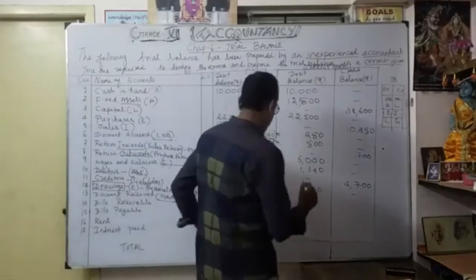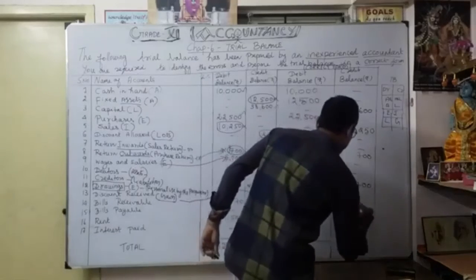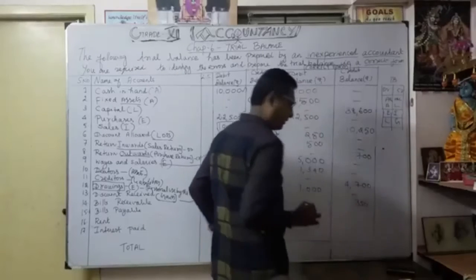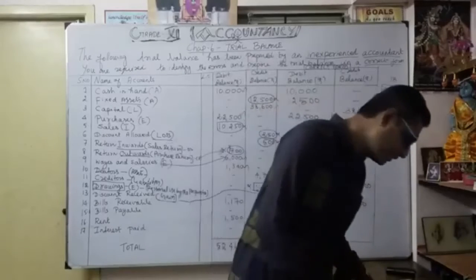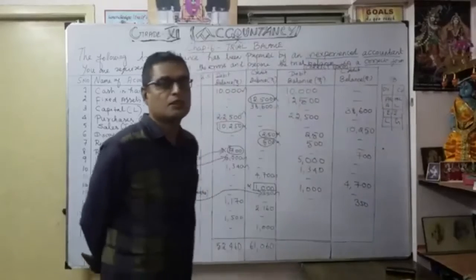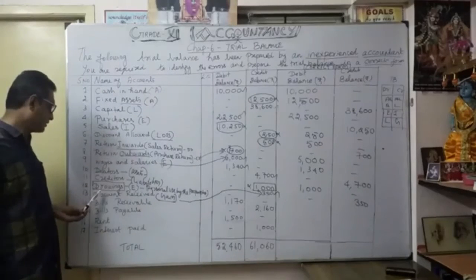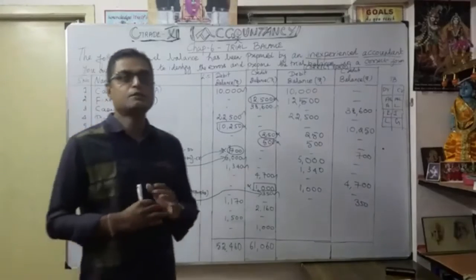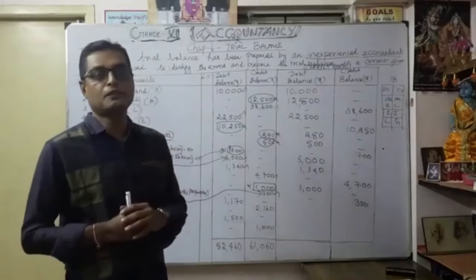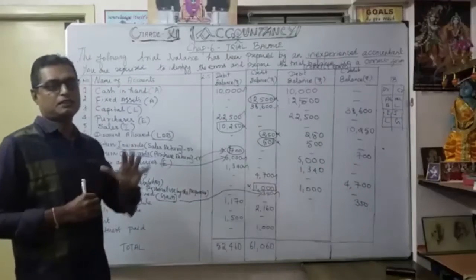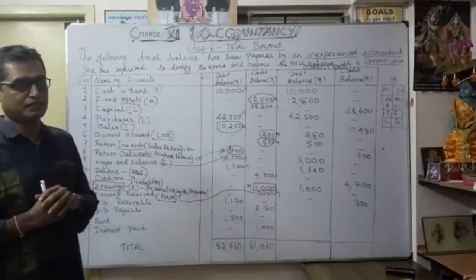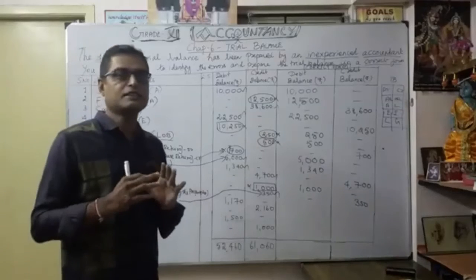I can write it here, credit balance 350. Yes, it is correct. Now you understand how discount allowed is considered a loss and discount received is considered a gain. You should be very careful in identifying the accounts: discount allowed is always considered a loss, discount received is considered a gain.